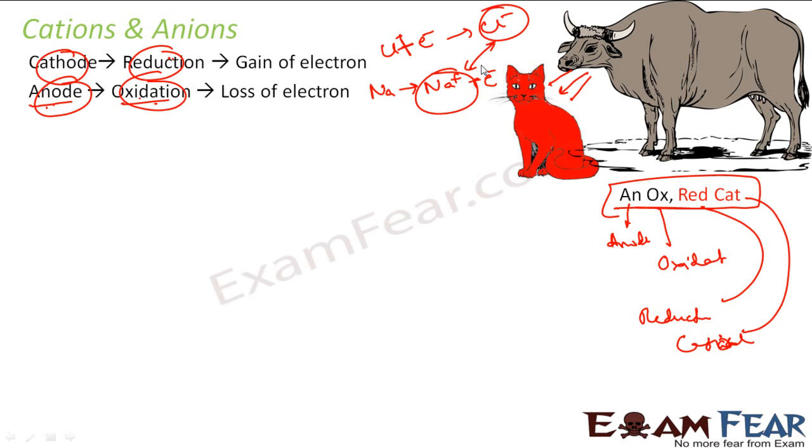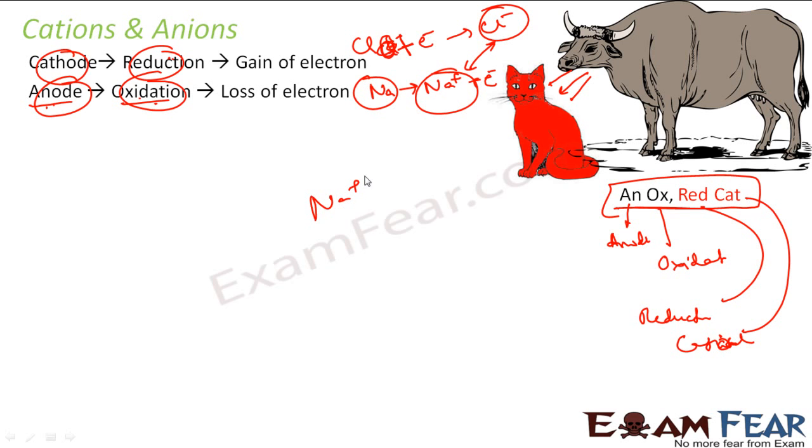The reason why oxidation and reduction happen is that everyone wants to be stable. Sodium was not stable, so it got oxidized and became Na plus, and it is stable. Chlorine was not stable, it had 1 electron less in the outermost valence shell. It took 1 electron, it became Cl minus, and now it is stable.